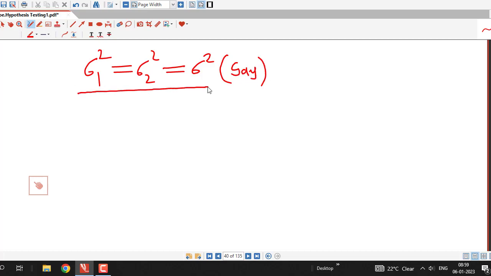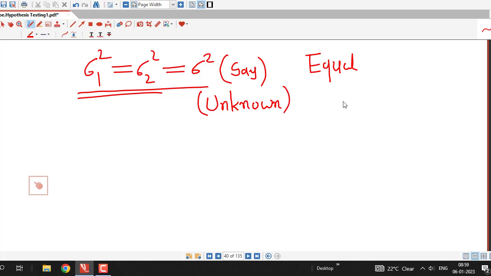We only know that both the populations have equal variances, but the variances are unknown. This common value we don't know.